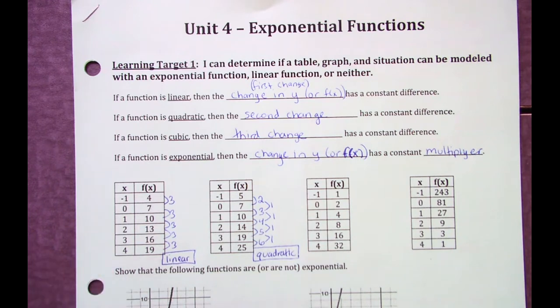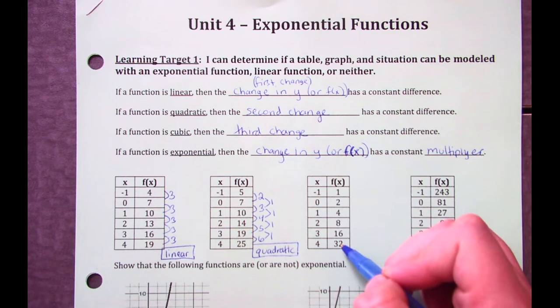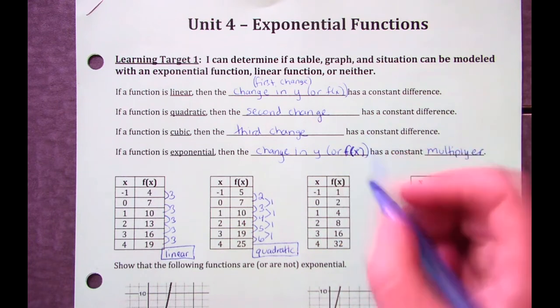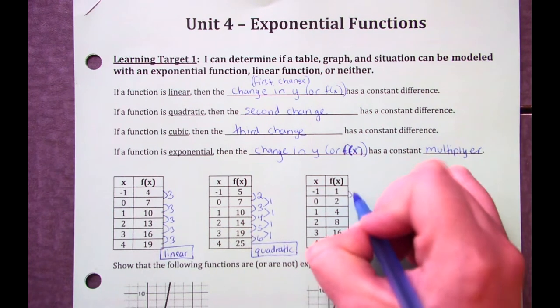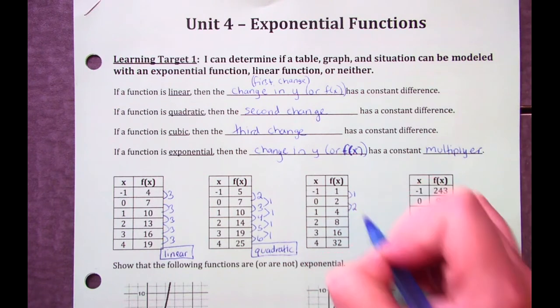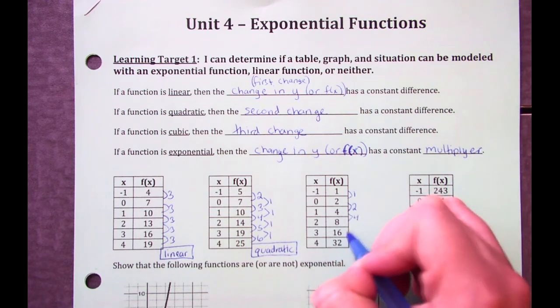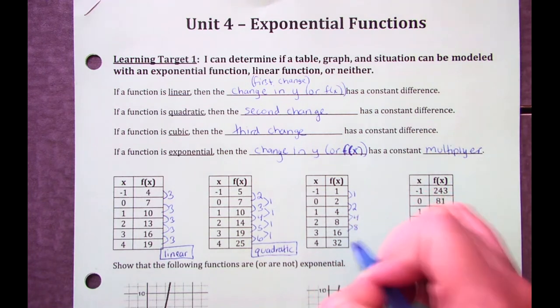Now let's look over here. If we take the differences here, we get 2 minus 1 is 1. 4 minus 2 is 2. 8 minus 4 is 4. 16 minus 8 is 8. 32 minus 16 is 16.